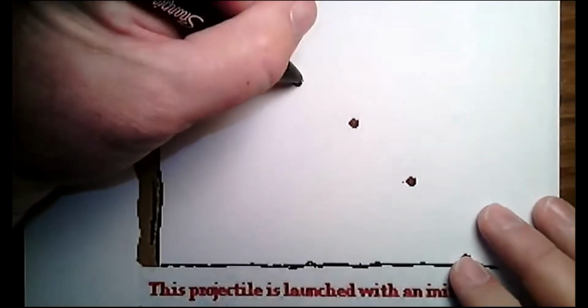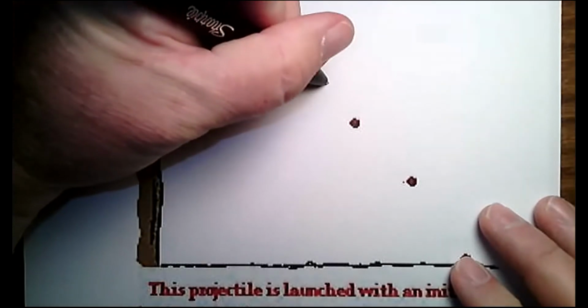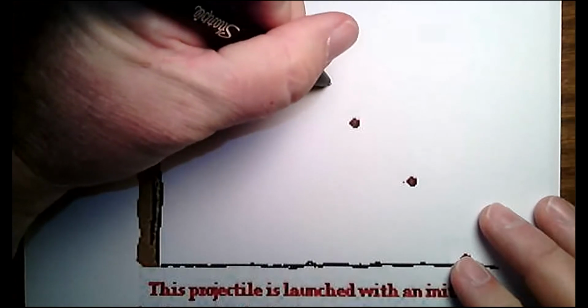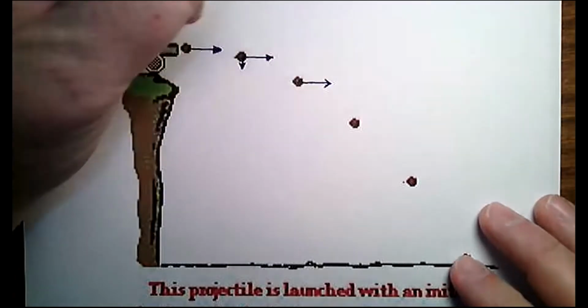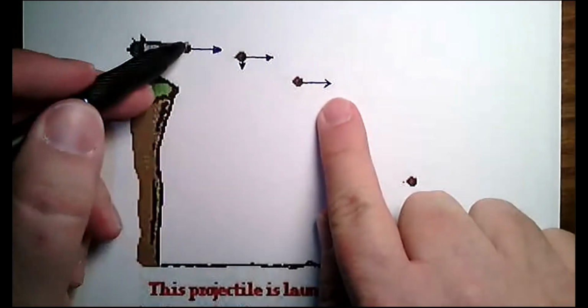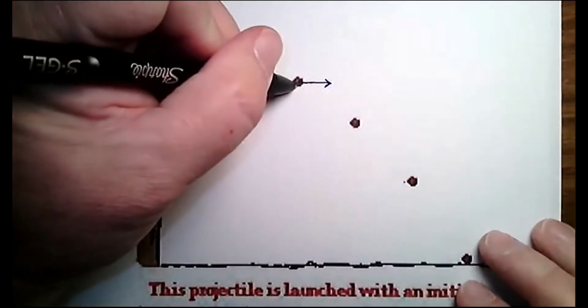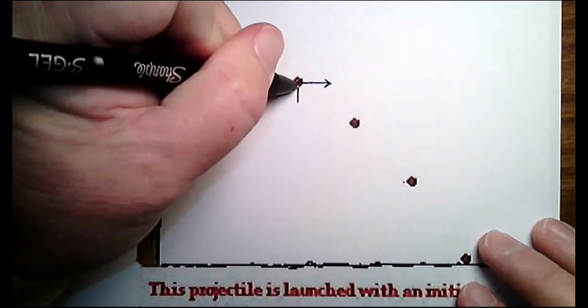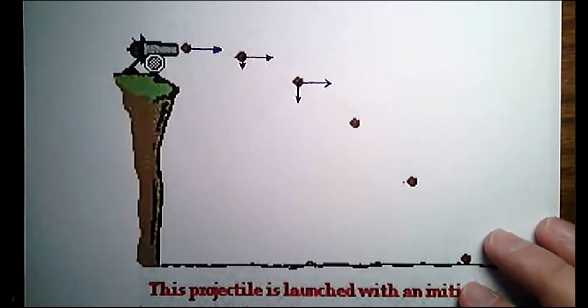As I get to this one here, I'll notice that my horizontal velocity is still right about the same length as the first two, but the vertical velocity is starting to increase.